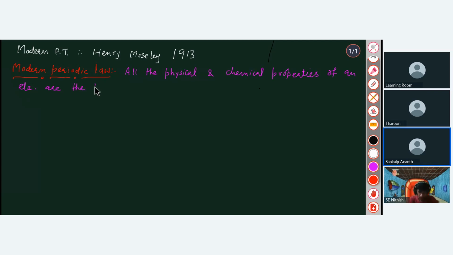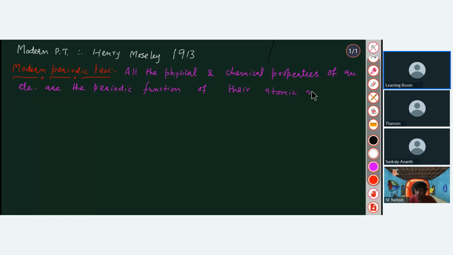So can you tell me again what is atomic number? The atomic number is the same as the number of protons and electrons present in an atom. Exactly, the number of protons in an atom, that is the atomic number. Of their atomic number. So this was a very important law.